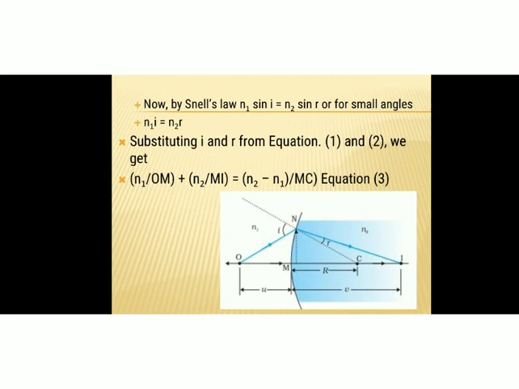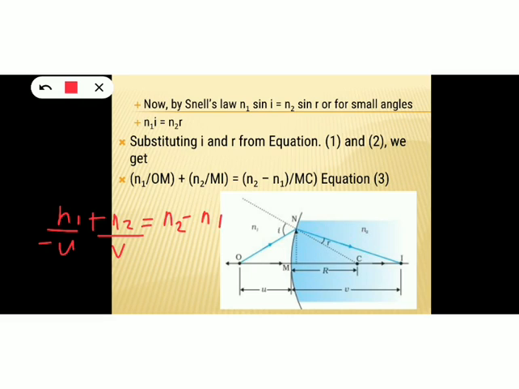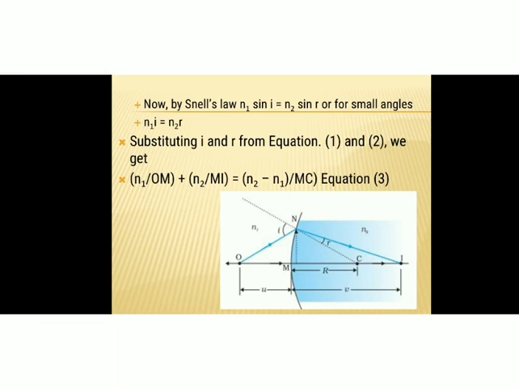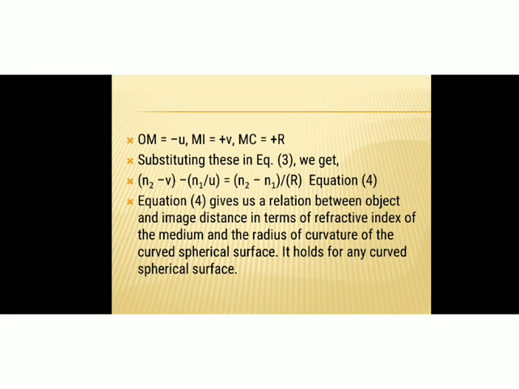So after substituting, you will get n1 by OM is minus u plus n2 by MI is v equal to n2 minus n1 by MC is R. Okay, so after substituting, you will get this expression. So that is written here, n2 by v minus n1 by u.